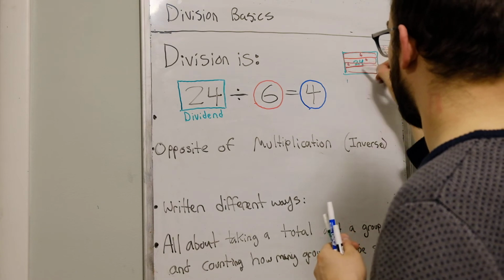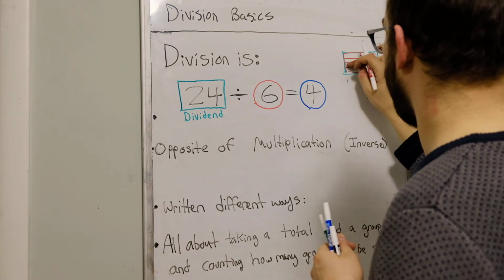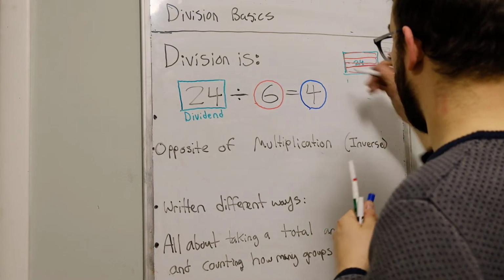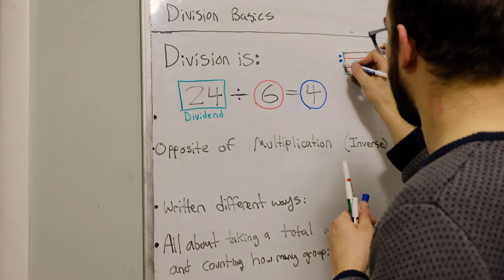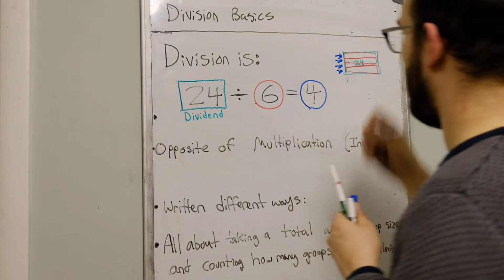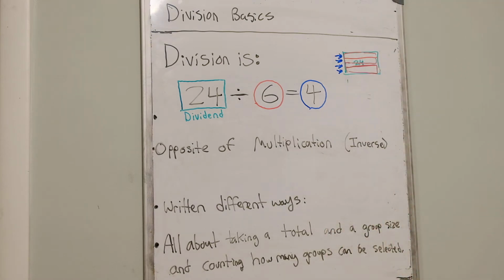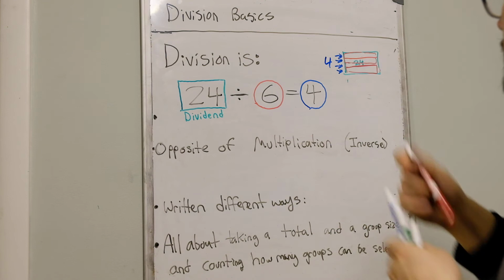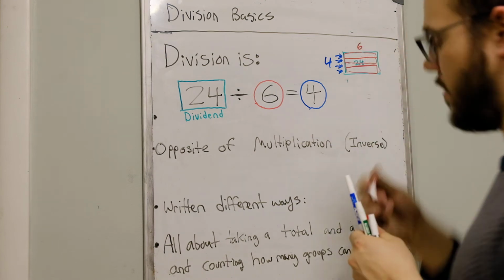We are very quickly going to discover that there are indeed 4 groups that we can take. So that's how this works with division. We take a total, we know how much of a group we want, and so we need 4 of those, and each of these groups need to be groups of 6.